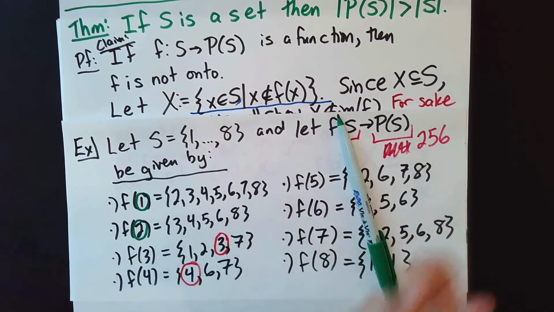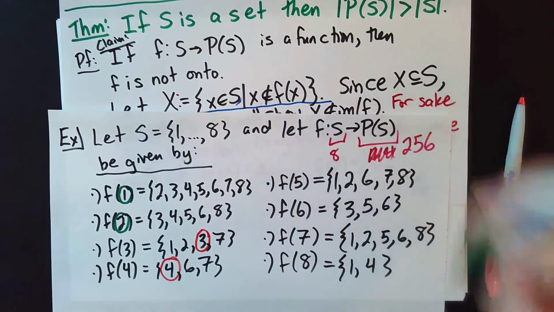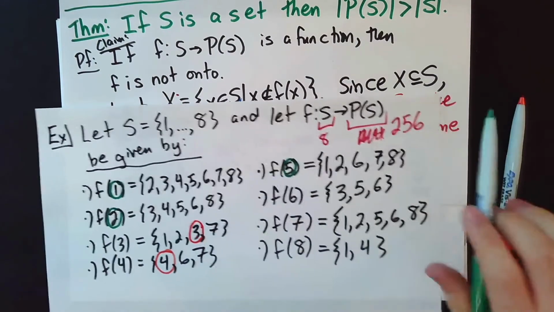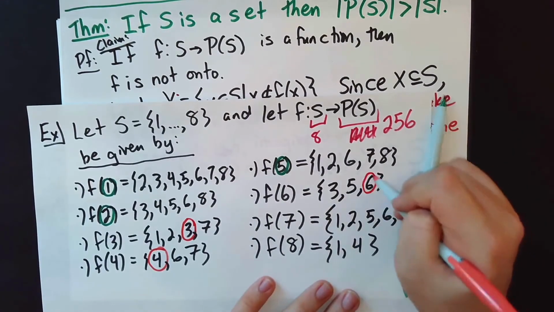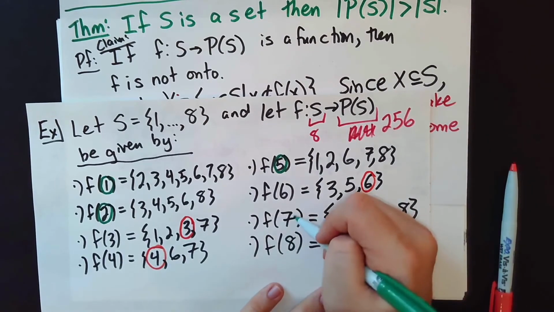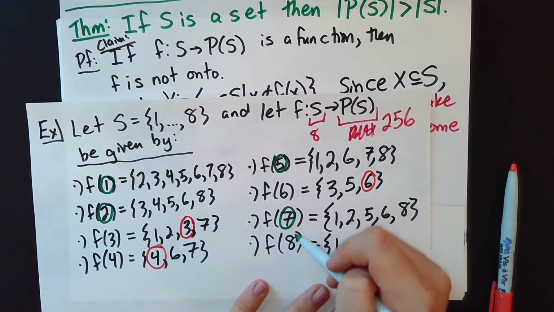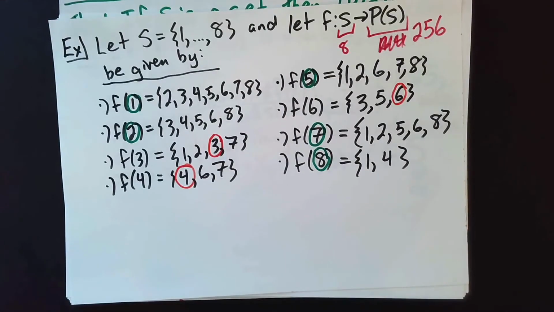Likewise, so is 4. But 5 is not in f of 5. 6 is in f of 6. 7 is not in f of 7. And 8 is not in f of 8. And so again, the way we define this, all the numbers that are in X are the numbers I've just circled in green.